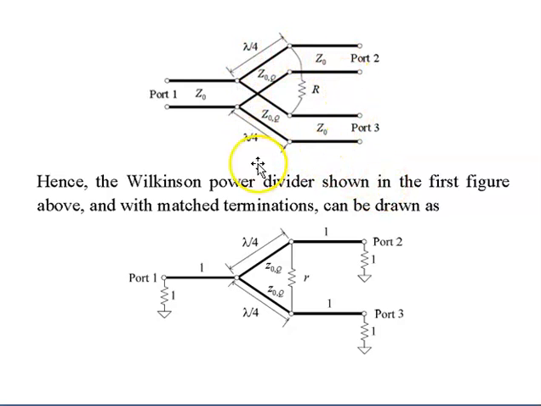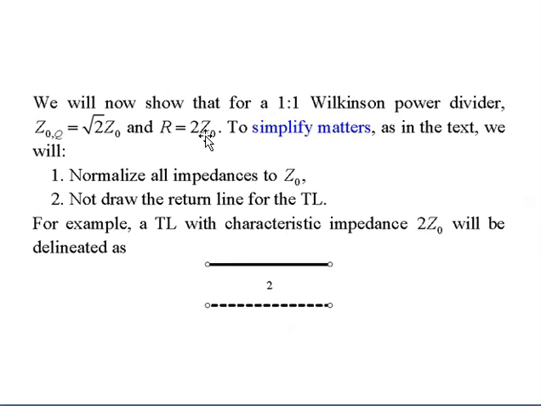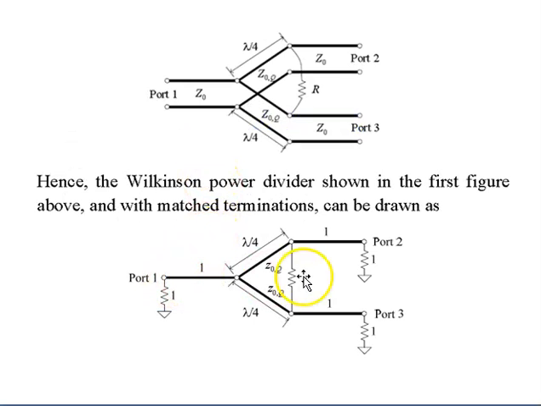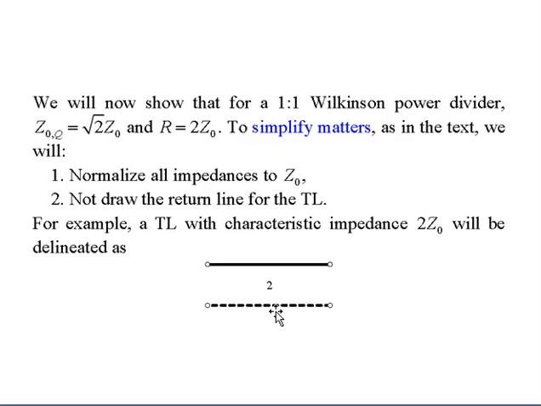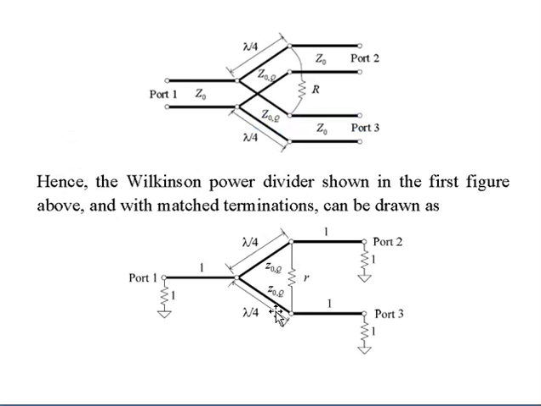After applying the two simplifications, we will have this figure. It has been simplified, where you have normalized your impedance to only Z0. So here you have Z0, Z0Q and Z0Q.